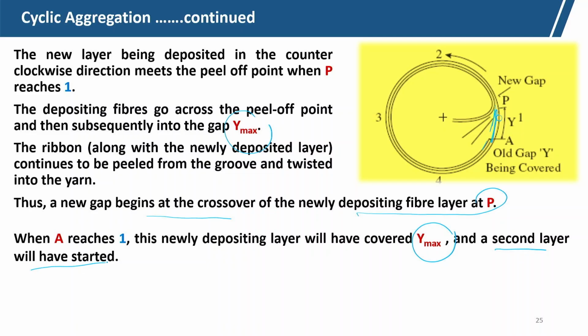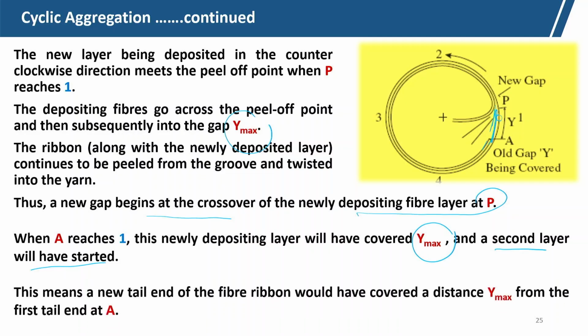That is the thing, that A will reach the Y max, the point 1. This means a new tail end of the fiber ribbon would have covered the distance Y max from the first tail end point A. So, that is the total distance covered.